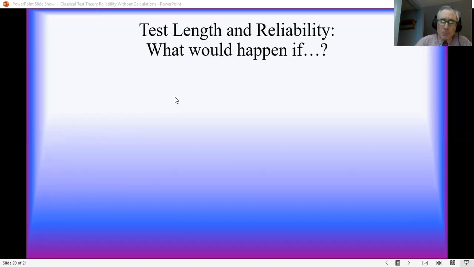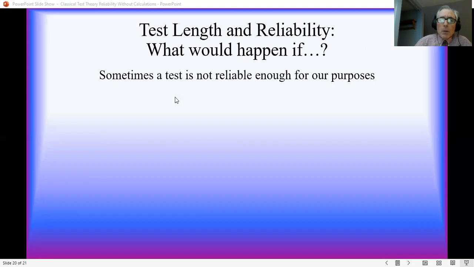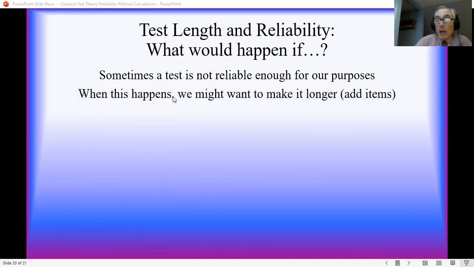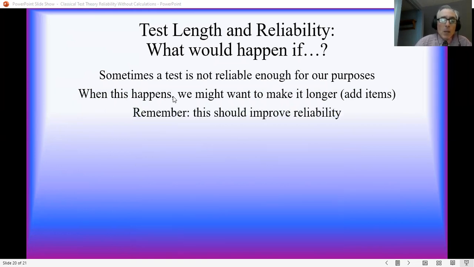Last topic for the day is the whole subject of test length and reliability. Remember that one of the ways of making a test more reliable is to make it longer, right? And add items to it. Now, the new items have to be about as good as the ones you had. You can't just write random garbage, but if you do make it longer, in general, it's going to get more reliable.